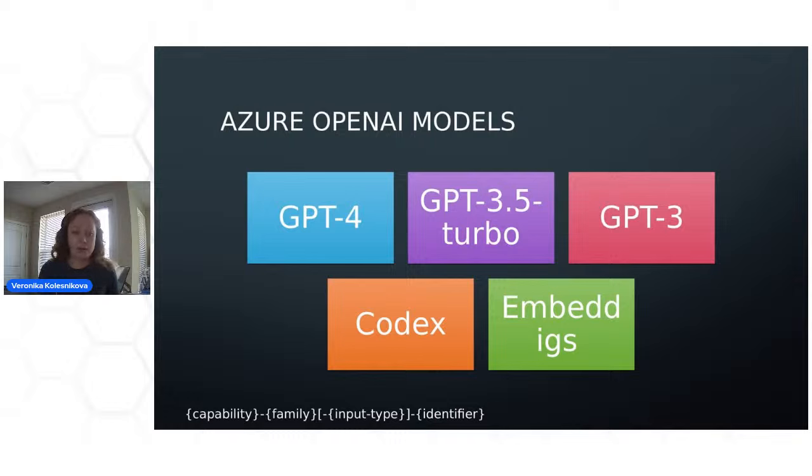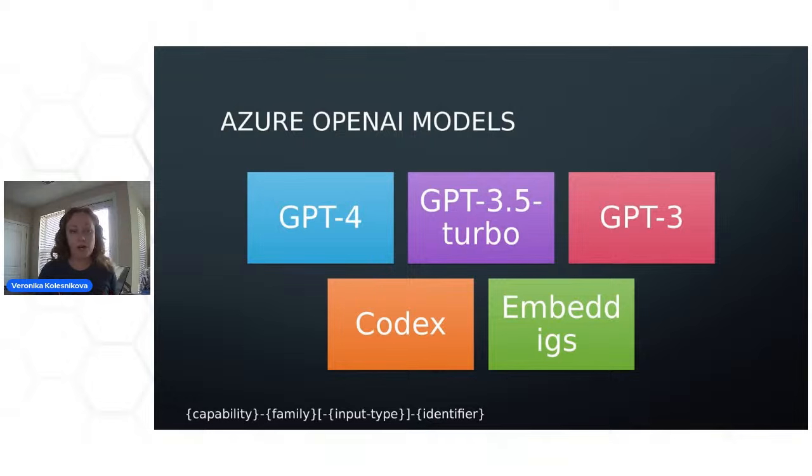And there in the bottom, I actually have a structure. When you are choosing, first you choose your model and then deploy your specific model, not just the model family, and you'll get a structure like the one you have at the bottom here. So we have capability.